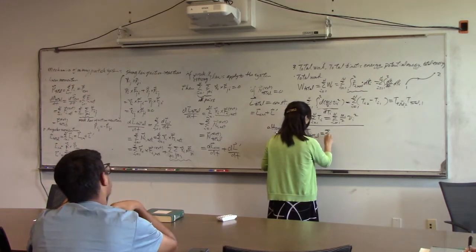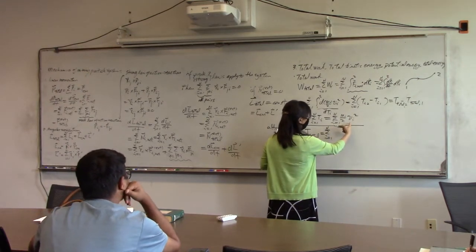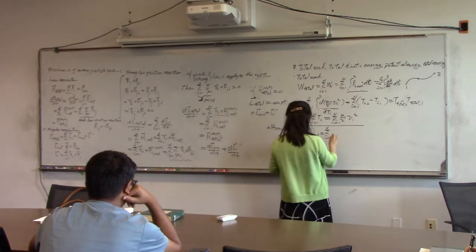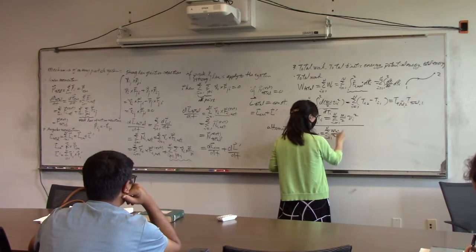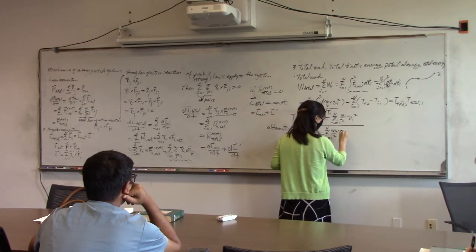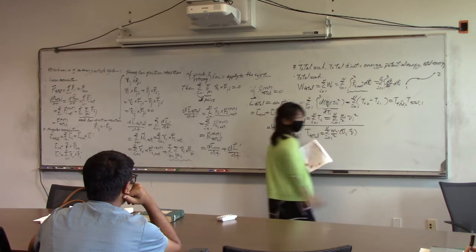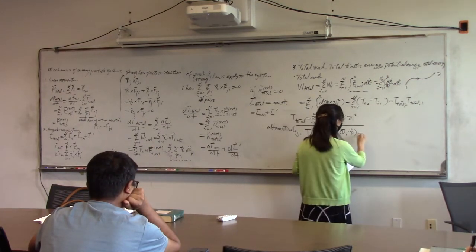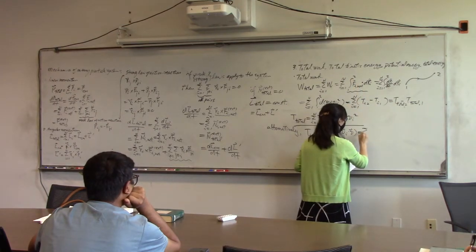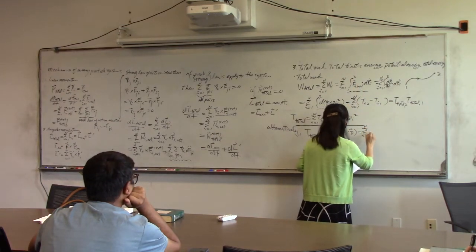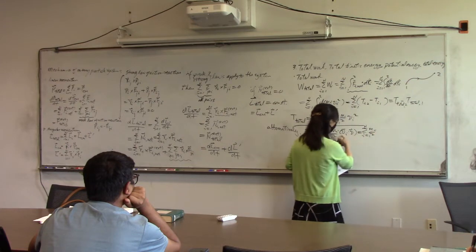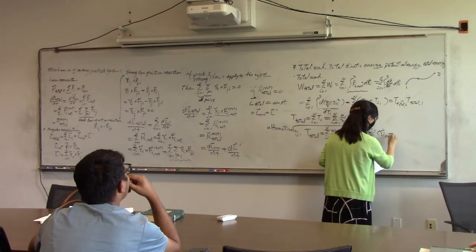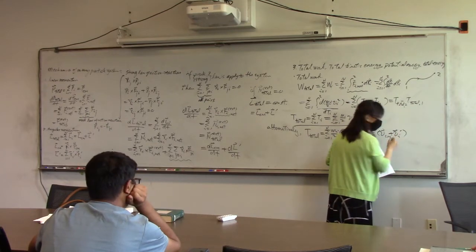Sum over all from 1 to n, right? Now here, this vi squared is the inner product vi with vi, right? So I'm going to rewrite it as half Mi, vi inner product vi. Then we are going to use the relative velocity, since we introduced the center of mass. So each vi is the center of mass velocity plus vi prime, right?